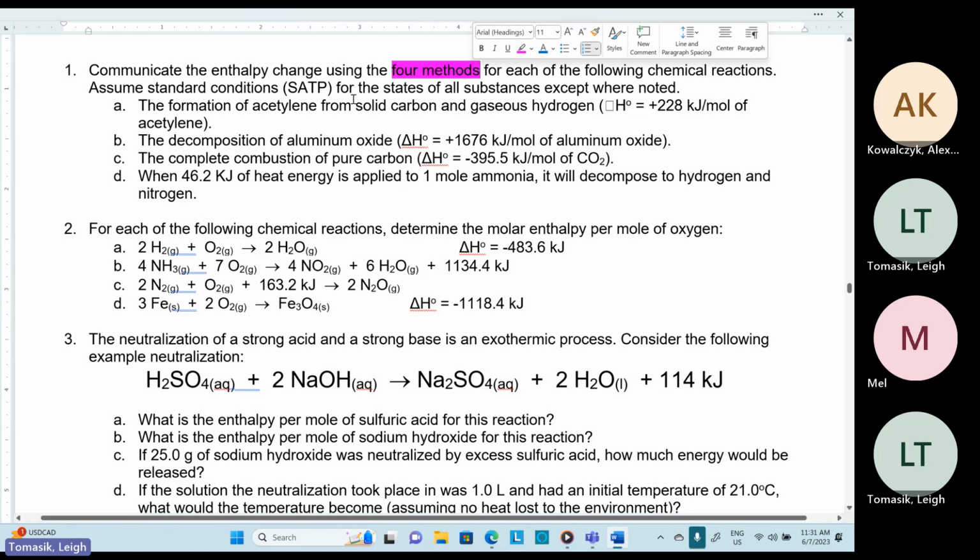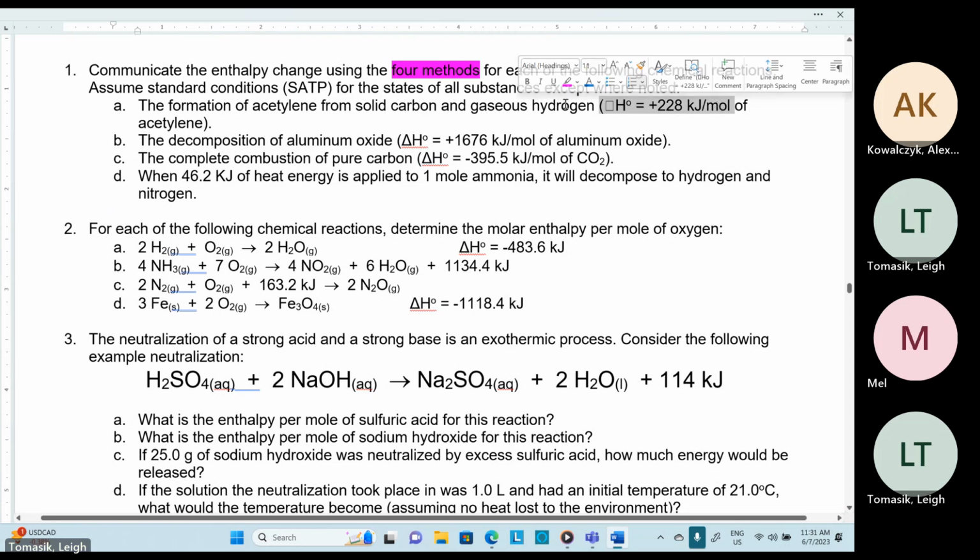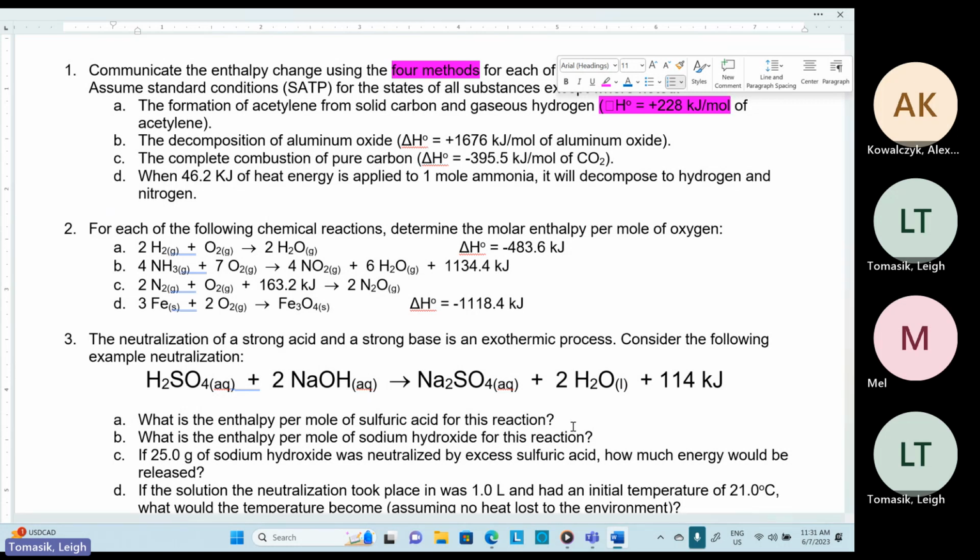So you're going to write about the enthalpy of the formation of acetylene from solid carbon and gaseous hydrogen 4 times, right? You're going to write the enthalpy on its own, right? You're going to write it next to a chemical equation, which means you're going to have to come up with the chemical equation for the formation of acetylene.